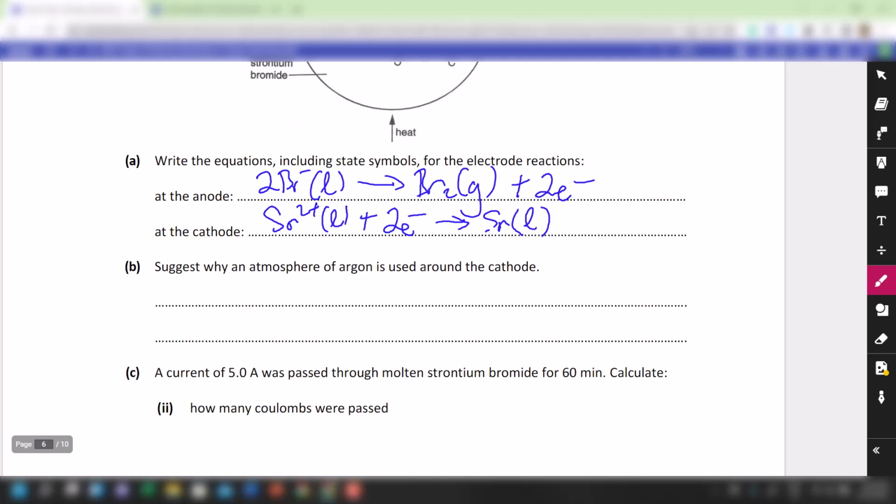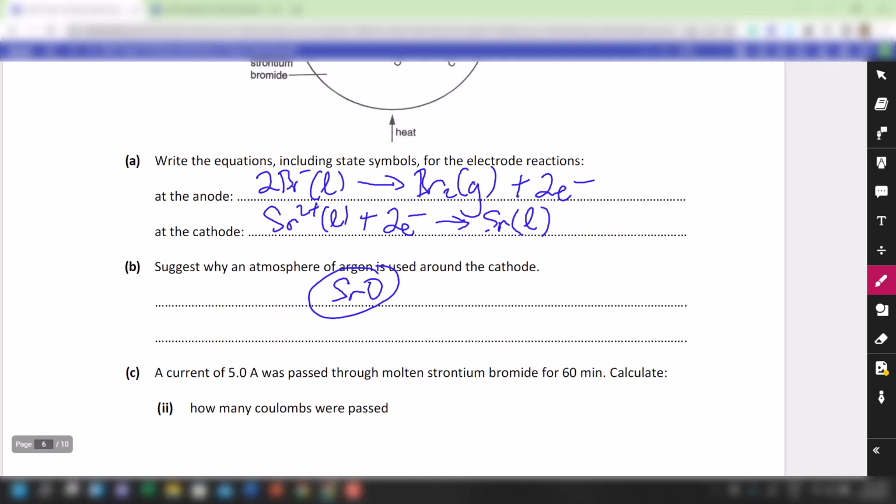So what you can easily write out as an answer would be: strontium, being a highly reactive metal, can easily react with oxygen to give us strontium oxide. That is one part of the answer you can focus on. You can say that an atmosphere of argon, instead of the normal atmosphere we are living in, will prevent the oxidation of the newly produced strontium to give us strontium oxide.